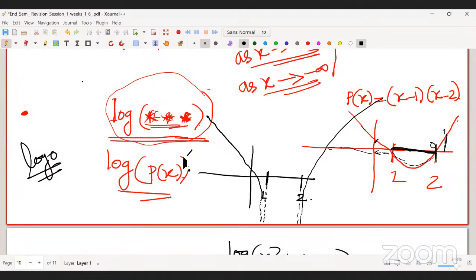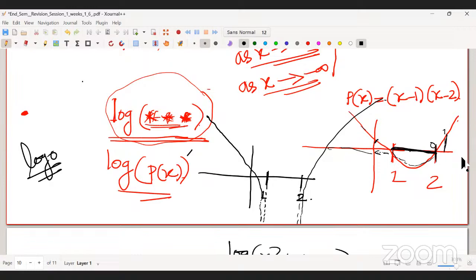If it is a quadratic polynomial, or a cubic polynomial or 5-degree polynomial, and you know all the roots, you first try to draw the graph of p of x, and accordingly all the roots of this p of x will give you some vertical asymptote. That is, in some sense, the vague idea of solving this type of question. I don't know what sort of modification.